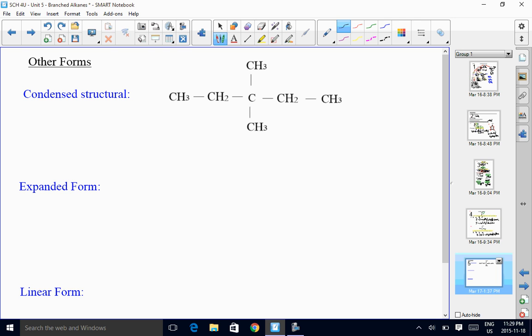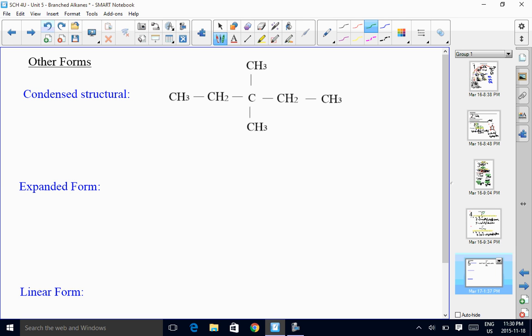So if you look at that first carbon right here, that is bonded once. And so you need 3 H's around it to make it have 4 bonds. It's just a matter of counting. That second carbon is CH2 because the carbon is bonded to 2 other C's. So you need 2 more H's to make it have 4.